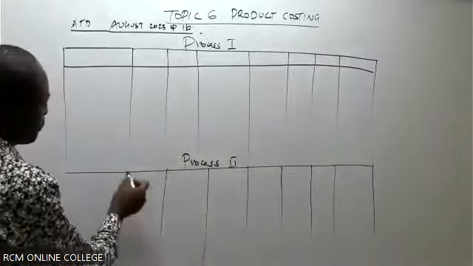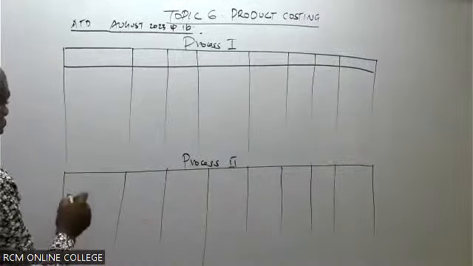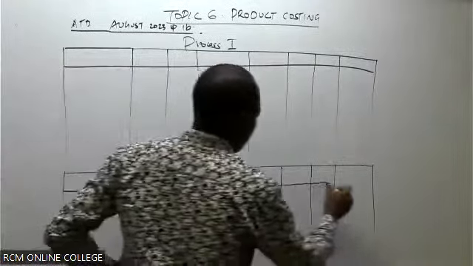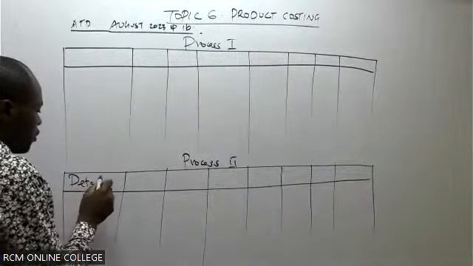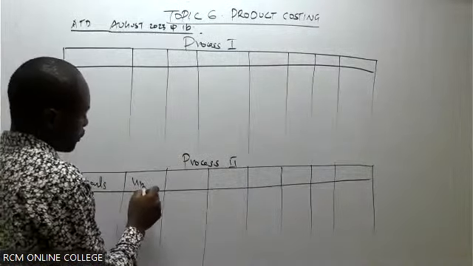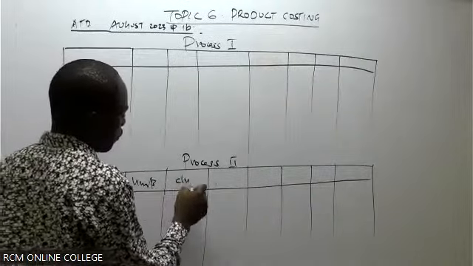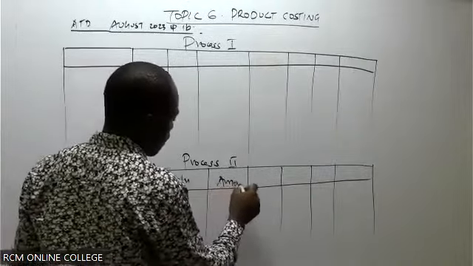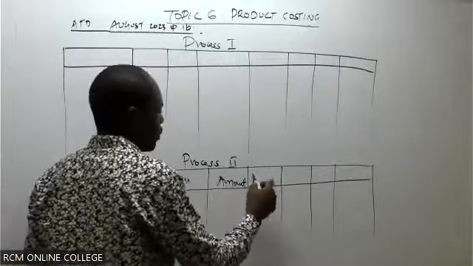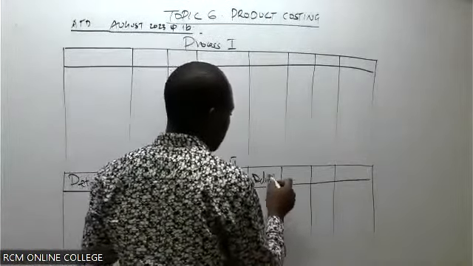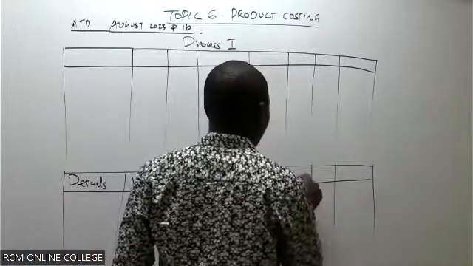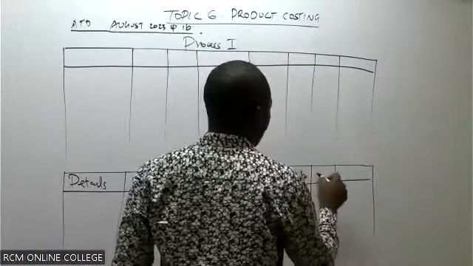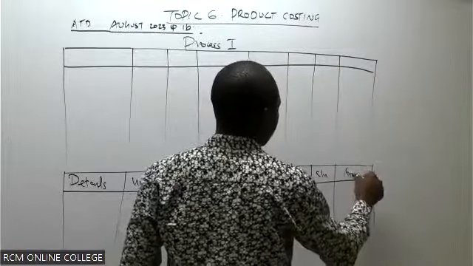So down here, you'll be able to have details, units, cost per unit, amount, details, units, cost per unit, then amount.